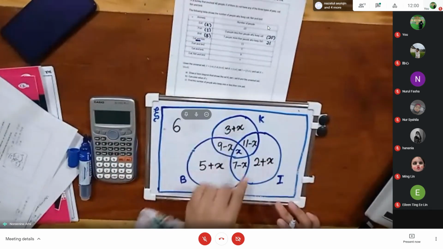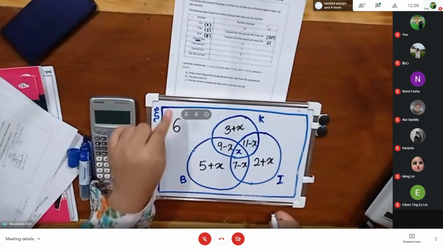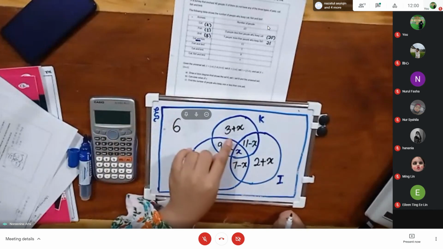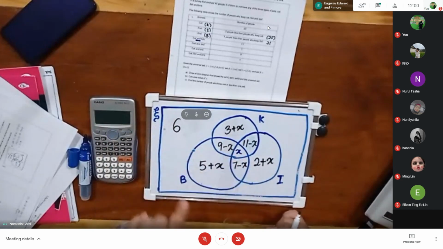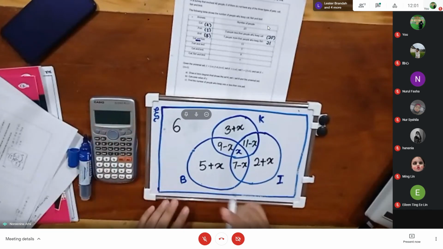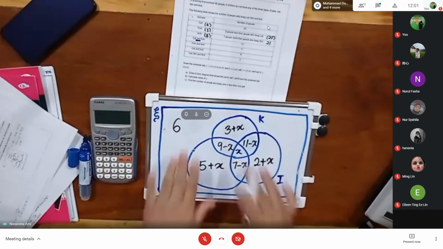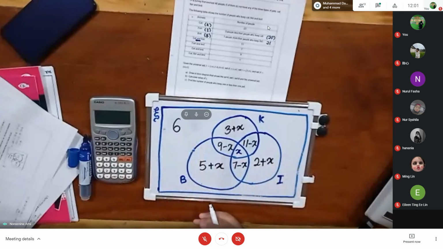Then you can minus all of these values. Okay, 48 minus 6 minus (3 plus x) minus x minus (9 minus x). That is how you determine the value of x: 48 minus all these numbers inside this Venn diagram. Okay, understand?